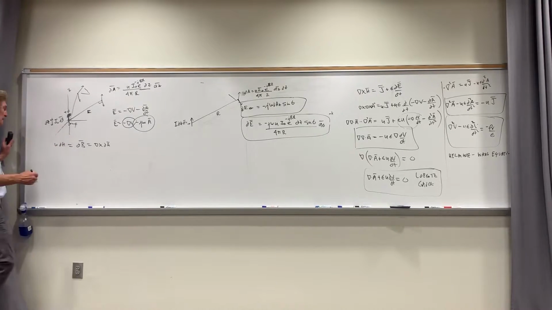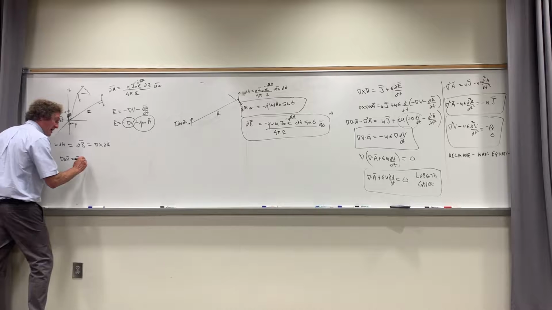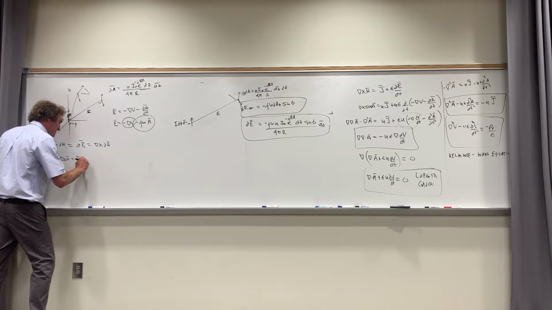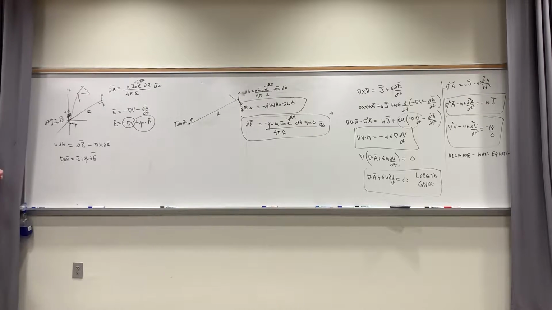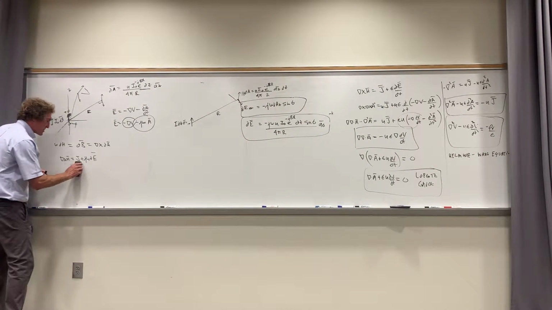Then what you can do is say, well, I know that the curl of H is equal to J plus, in the phasor domain, j omega epsilon E, right? Now here's the thing. If you're away from the source, J goes away.